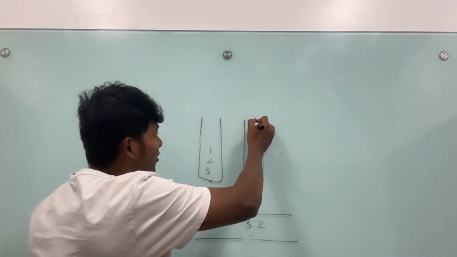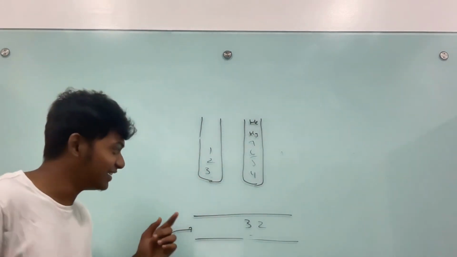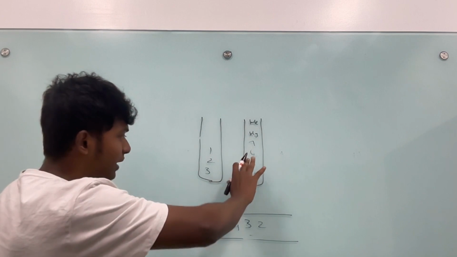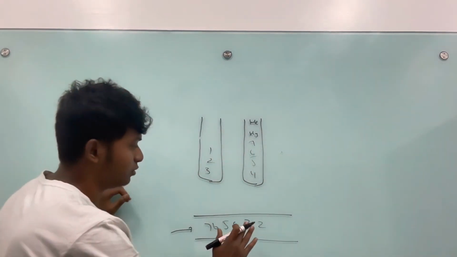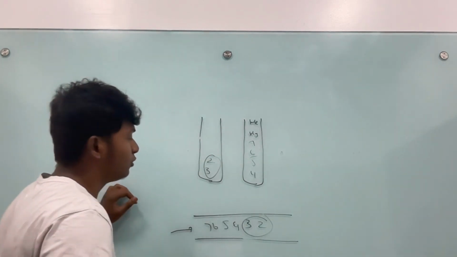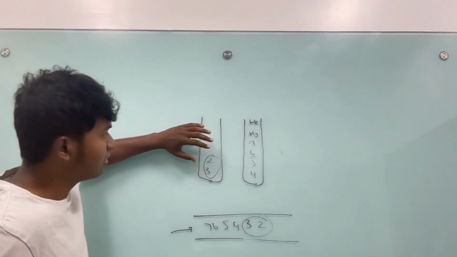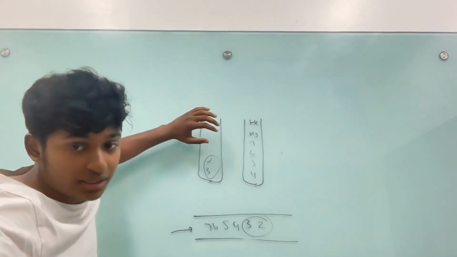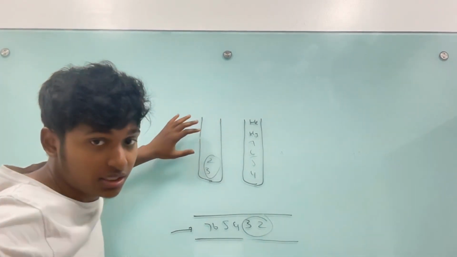No matter what elements come here, nothing else will pop unless these things are popped first, because 2 and 3 we have to pop first. So no matter how many pushes you do, this won't change.